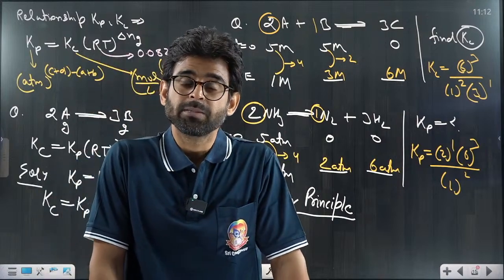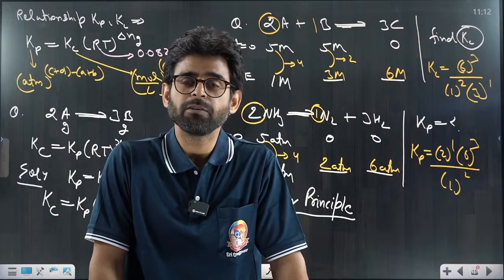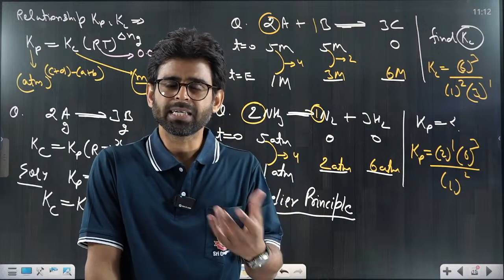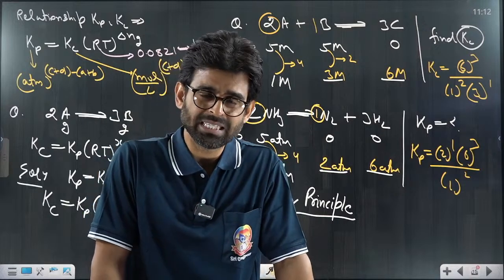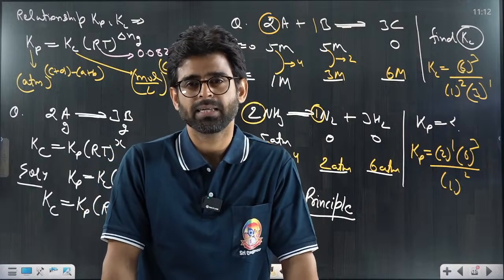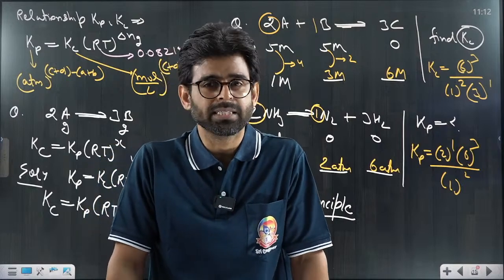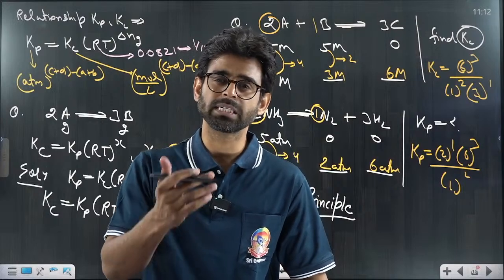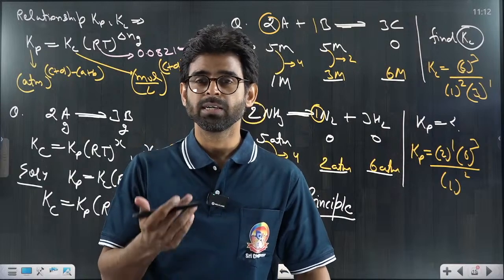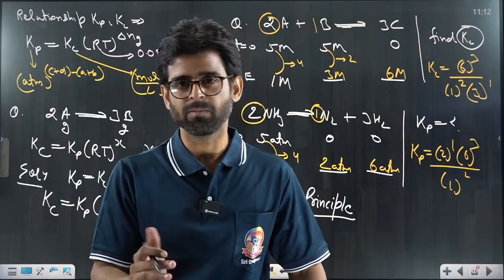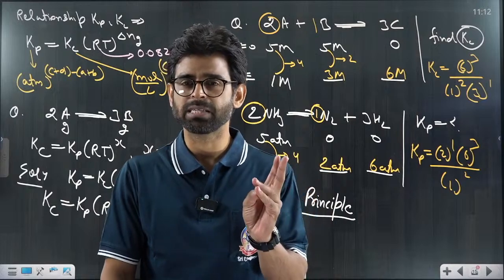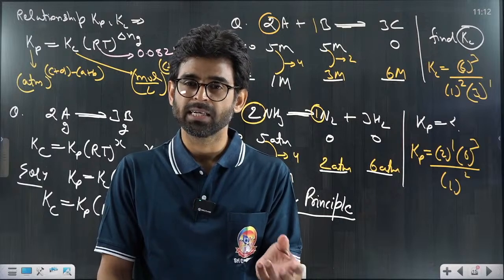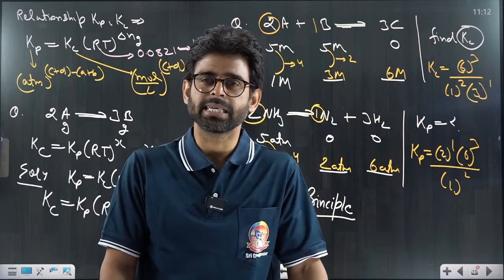This principle says that if you disturb the equilibrium of a reaction, the reaction will try to attain it back. If you change any condition which can disturb the equilibrium, the reaction will move forward or backward to again attain its equilibrium. If you change concentration, pressure, volume or anything, the reaction will try to attain its equilibrium back.